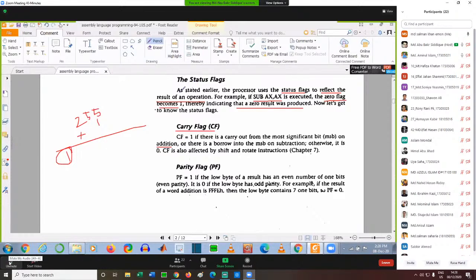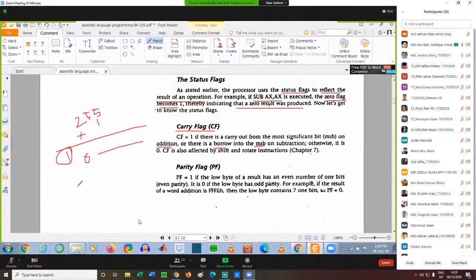Okay. Or there is another condition, or there is a borrow into the MSB on subtraction. And what is MSB? You know that, right? Most significant bit, exactly. Suppose we have lots of bits here, and this is the most significant bit. So how can you get a borrow in the most significant bit?